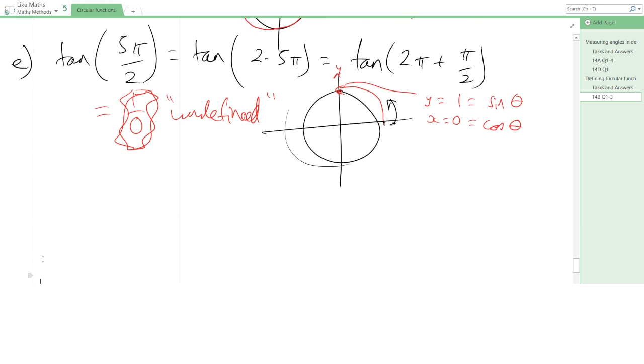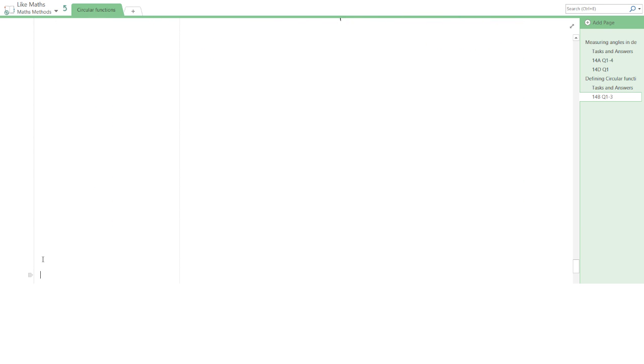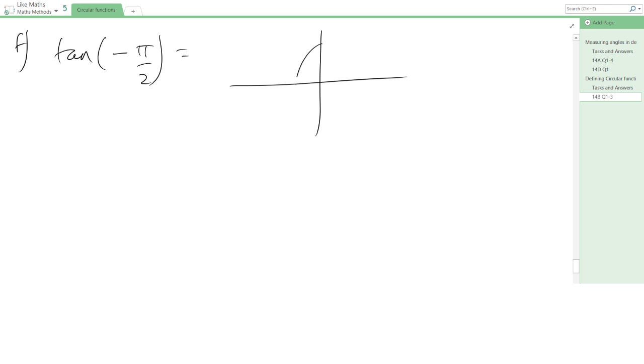Turn down E, F. This one is the tan of -pi by 2. Okay, so on the unit circle, starting here, it's negative, which means we're going to go this way around, we're going to go clockwise, and it's half a pi, which is 1/4 of a rotation.